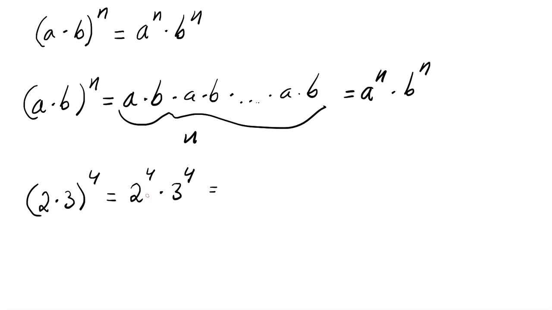And this is 2 times 2 times 2 times 2, so this is 16. And this is 3 times 3 times 3 times 3, so this is 81. And calculating this will be 1296, doing it with a calculator or an algorithm or some mental computation.